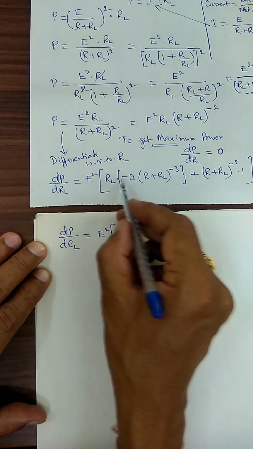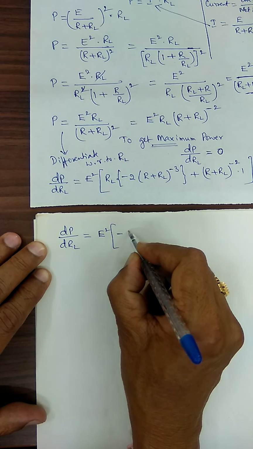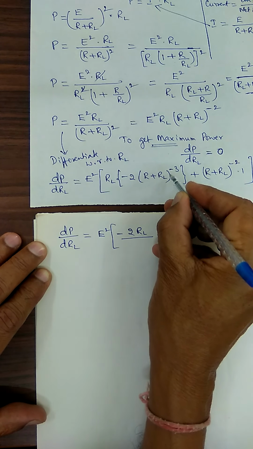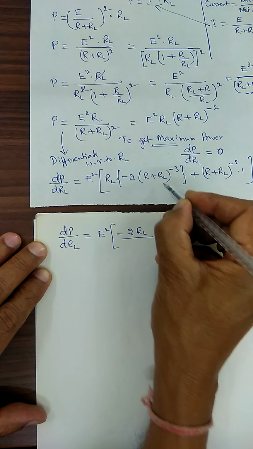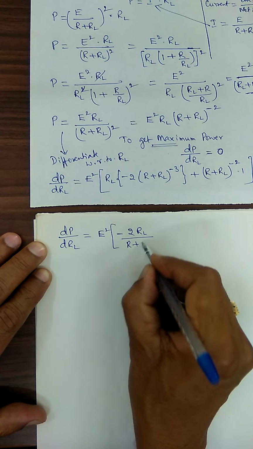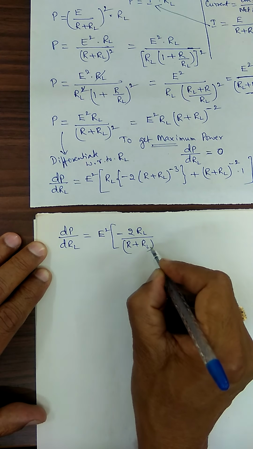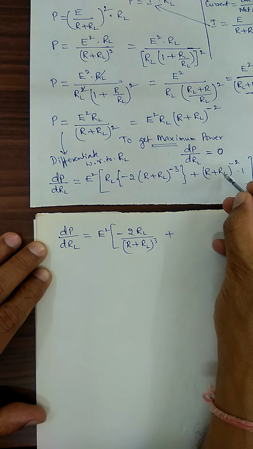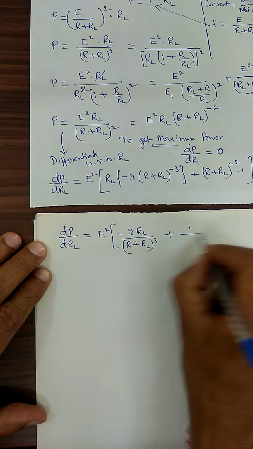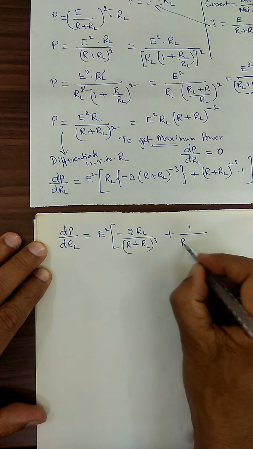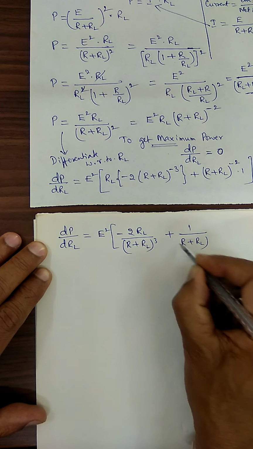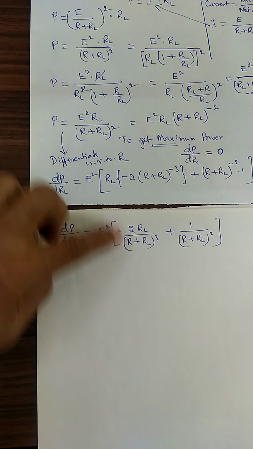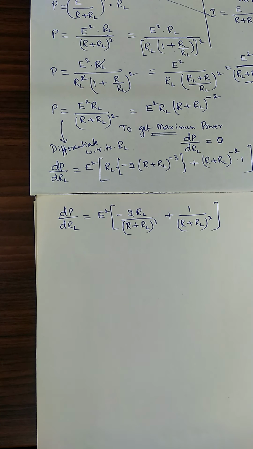This one and this one we are supposed to multiply here, minus 2RL. This is taken to the denominator, R plus RL whole cube, plus this can be taken to the denominator, R plus RL whole square. They are one and the same. You can observe that carefully.